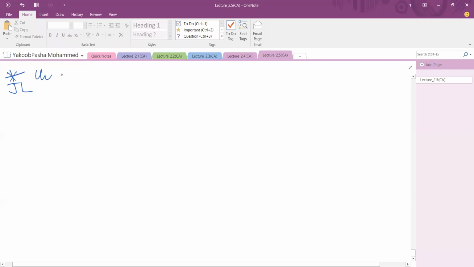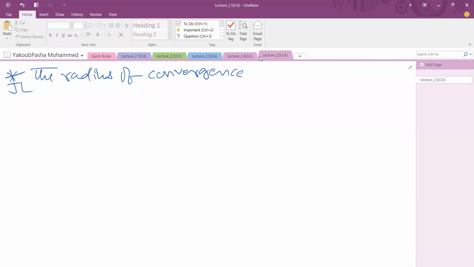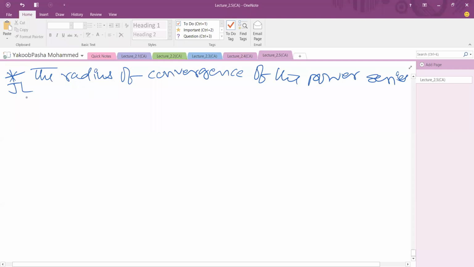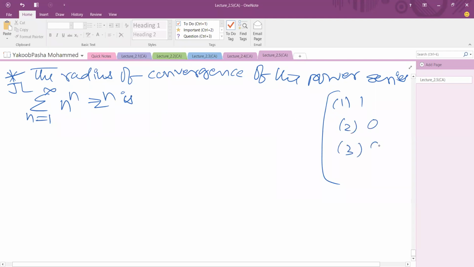The radius of convergence of the power series, summation n is equal to 1 to infinity, n power n z power n. We have options: option 1 is 1, option 2 is 0, option 3 is infinity, option 4 is e. These are the options we have.